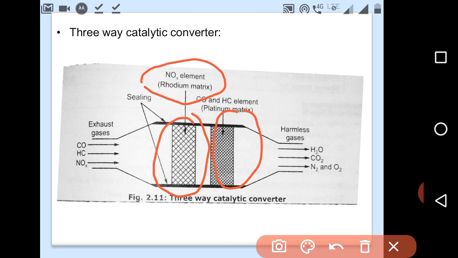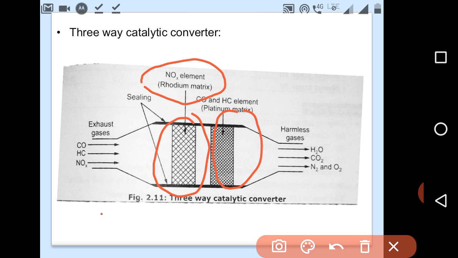When the exhaust gases come in contact with the first-stage honeycomb structure, which is coated with rhodium, the oxides of nitrogen get converted into pure nitrogen and oxygen, so we reduce the oxides of nitrogen in the first stage.